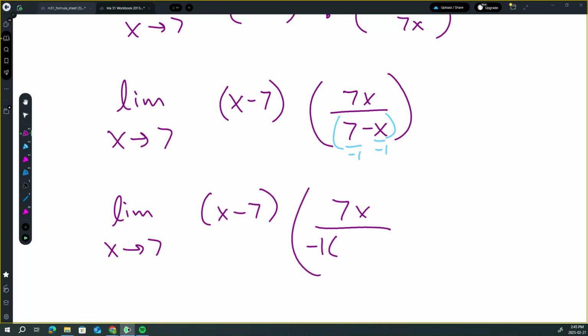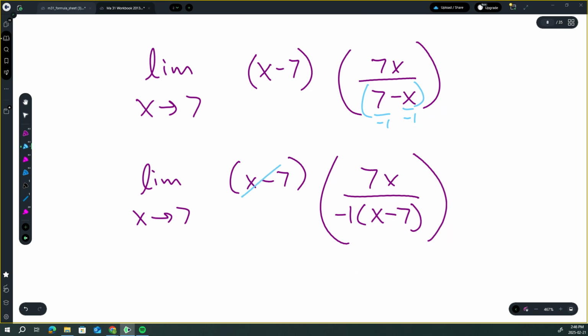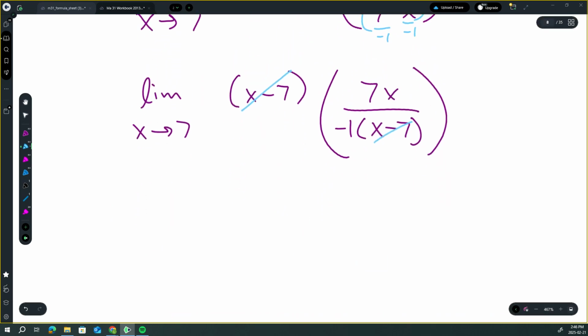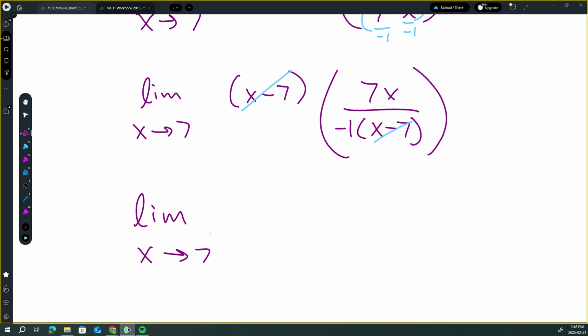You could go -7 plus x, but it's still a little bit confusing, so I'm just going to switch these two terms so it's a lot easier to see where I'm going. So x minus 7. And now we can cancel those two terms out. So the limit as x approaches 7 of 7x divided by -1 is just -7x.